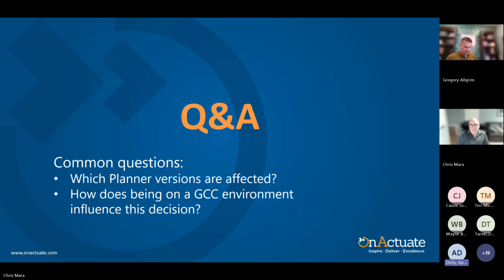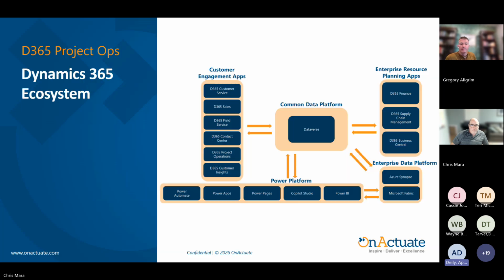One extra question here. This is April. For the Project Operations light, looking at the diagram that you have on the Dynamics 365 ecosystem slide, would that just remove the ERP apps and the rest of the diagram would apply for light mode?